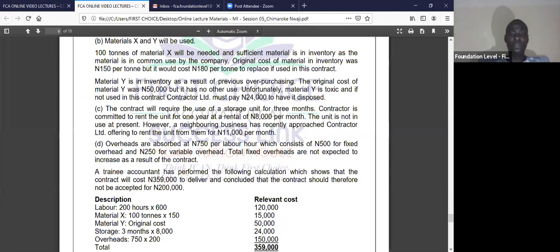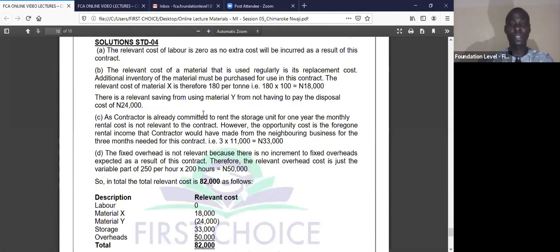Is it not better for you to use the material and save 24,000? So we are looking at costs. When we are saving costs, it's a negative cost to us because we are saving it. So we'll put it in brackets. It becomes a revenue to us. So you see, he doesn't have to pay the 24,000 naira disposal cost again. So he's saving it. You see where it is put in brackets, saving the cost, 24,000.